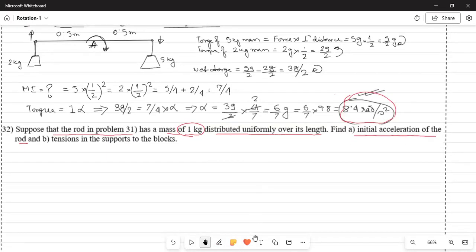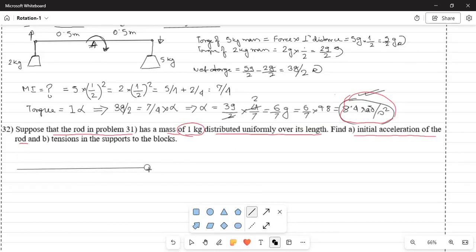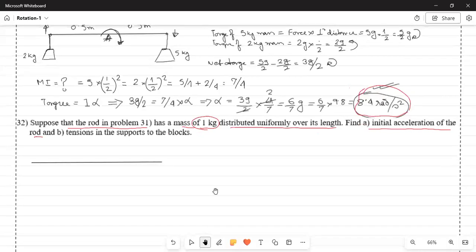Let's do it this way. Let's draw this figure once again. That will be very useful. Let's say this is the rod, and the two masses like above.